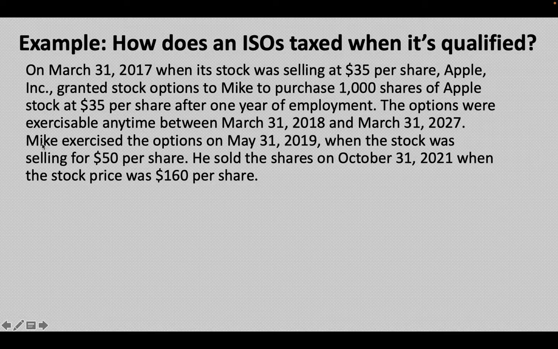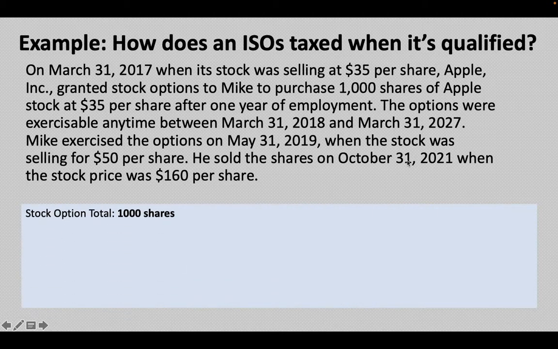Mike exercised the option on May 31st, 2019, when the stock was selling for $50 per share. He sold the shares on October 31st, 2021, when the stock price was $160 per share. Okay, this is the selling date, right? 1,000 shares stock option.